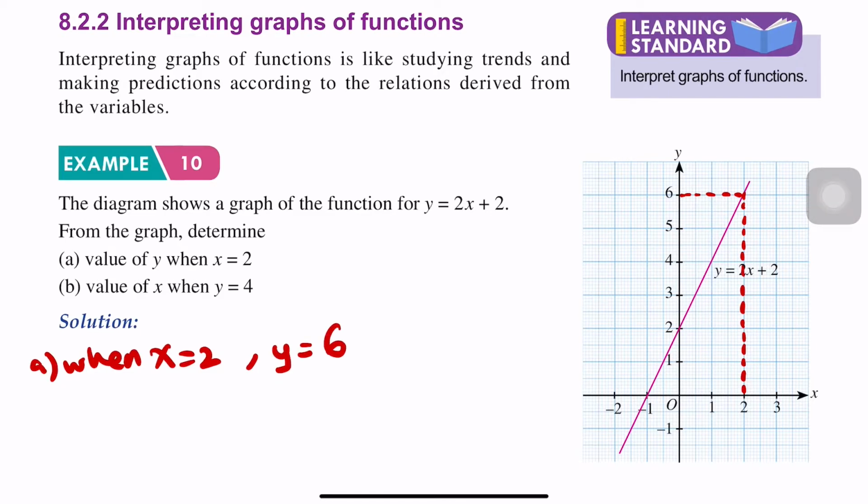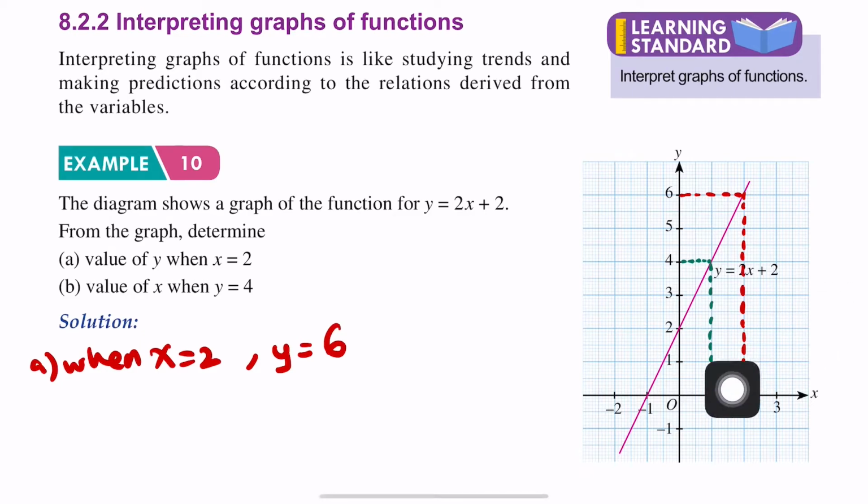Easy, right? Next, value of x when y equals 4. Let's use a different color, green. Now y equals 4. This is y, 4 over here. Make a dotted line until you reach the line and bring it forward to the x-axis.